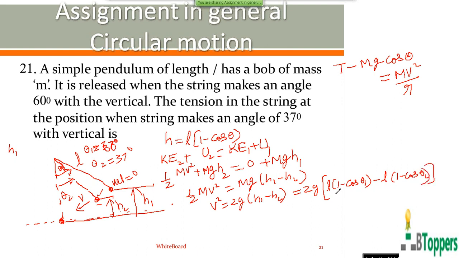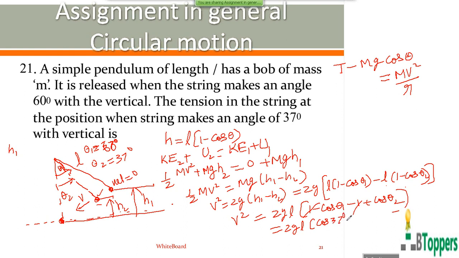You can simplify this. Taking L common outside, v square equals 2gL into (1 minus cos theta 1 minus 1 plus cos theta 2). The minus 1 and plus 1 get cancelled. So you get v square equal to 2gL into (cos theta 2 minus cos theta 1).